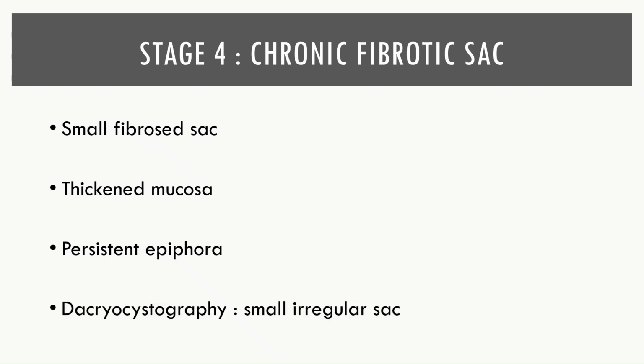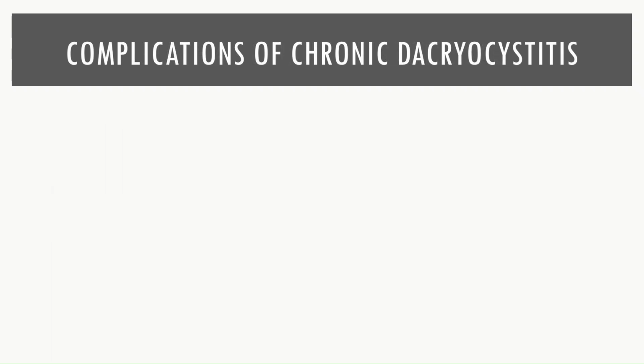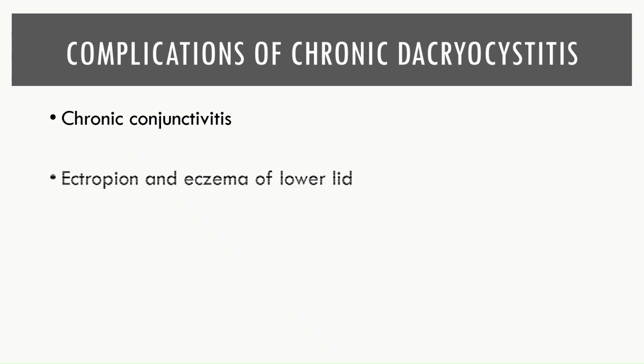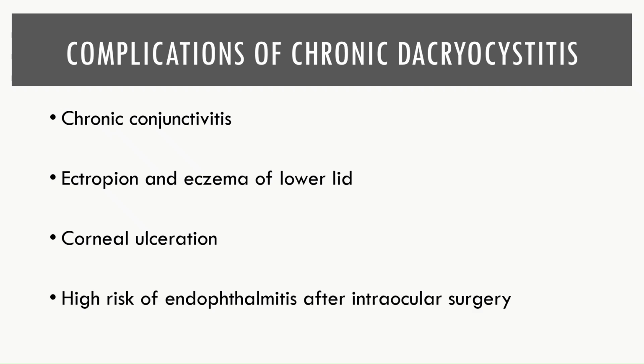Dacryocystography reveals a very small sac with irregular folds in the mucosa. Complications of chronic dacryocystitis include chronic conjunctivitis, ectropion and eczema of lower lid, corneal ulceration, and high risk of endophthalmitis after intraocular surgery.